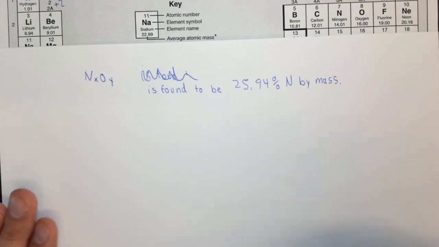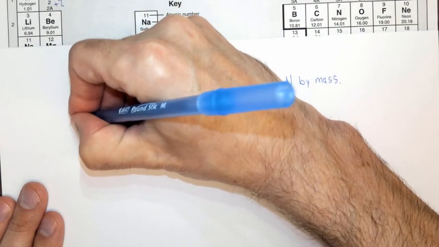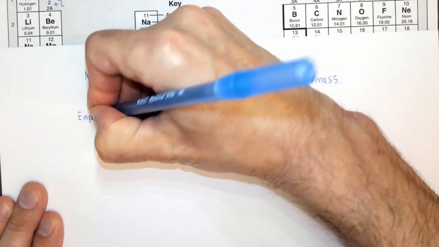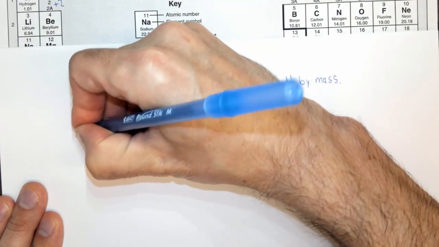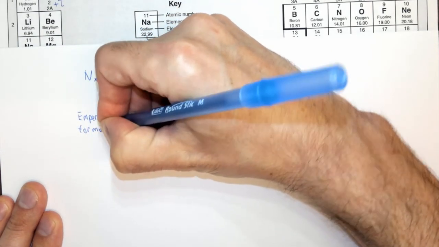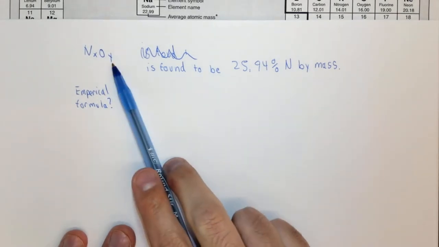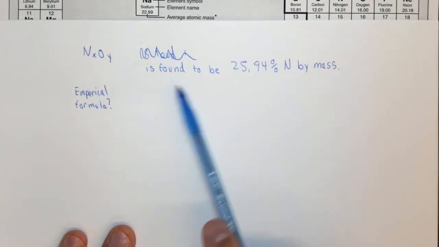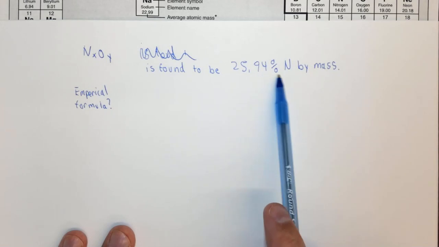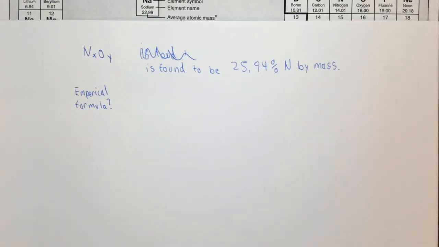And now we want to know the empirical formula. So we're combining the two ideas. We have NxOy, some compound that contains nitrogen and oxygen, and we know that it's 25.94% nitrogen by mass.